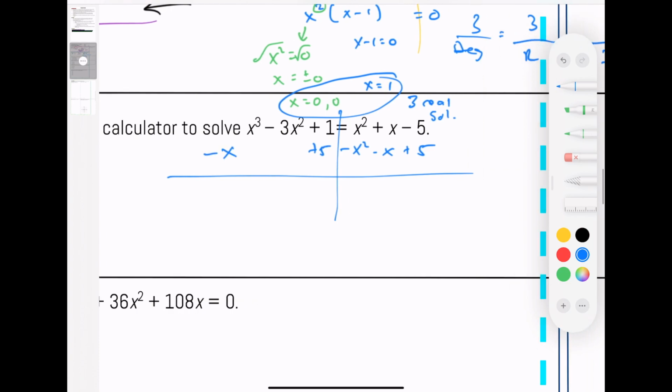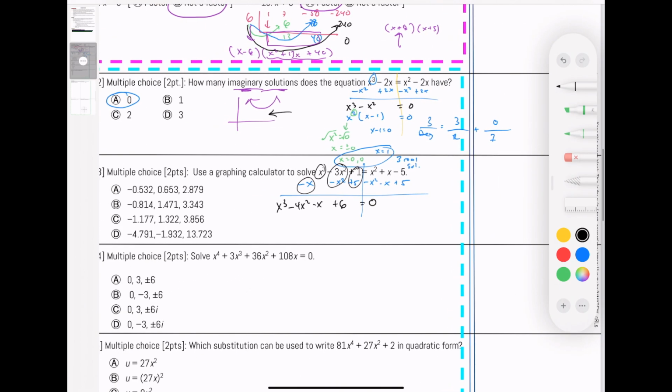Negative x, which is not a like term, and negative x squared. So x to the third, negative 4x squared, negative x, positive 6. Okay, let's go ahead and put that into our calculator.